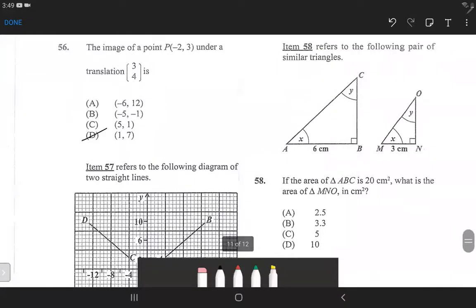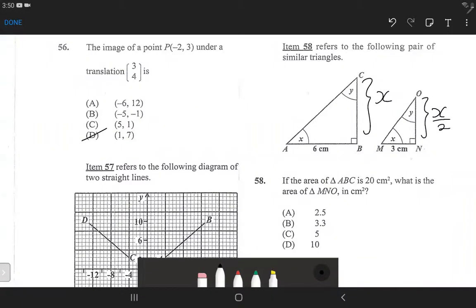Notice that these triangles are similar, they have the same angles, so that means it was an enlargement or a squeeze. So this is 6, and that is 3, so they want the area. So what would the area be? This one here, let's say this is x, that means this is x over 2, right?